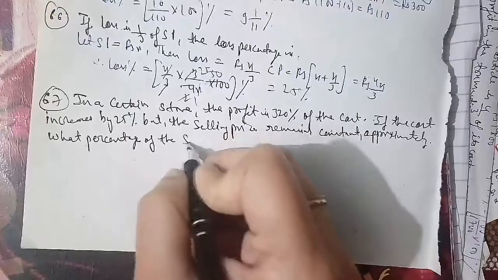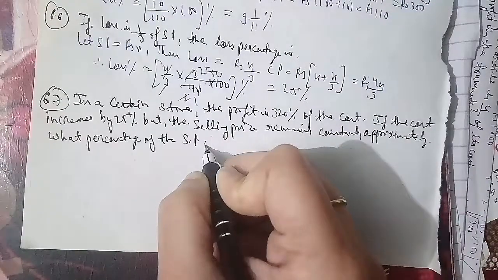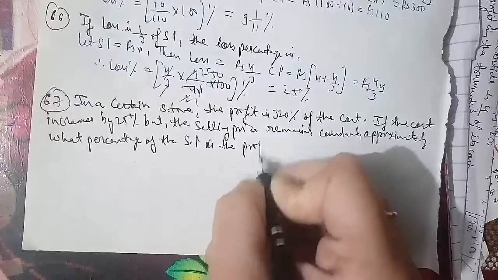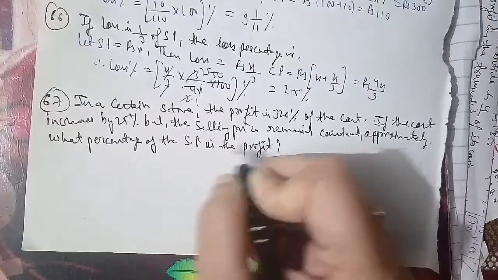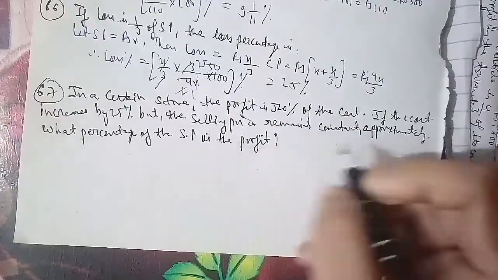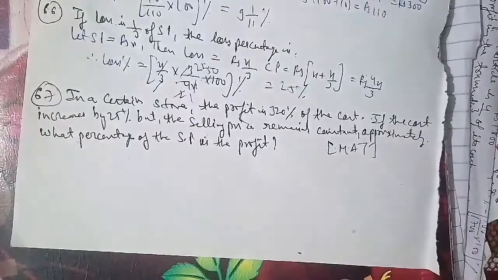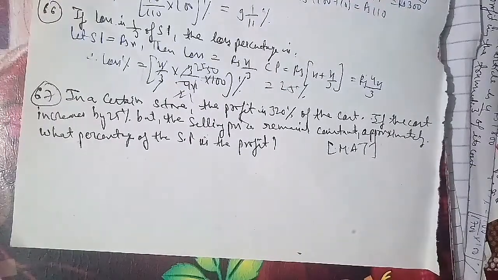So let CP equals rupees 100, then profit equals rupees 320, and SP equals rupees 420.